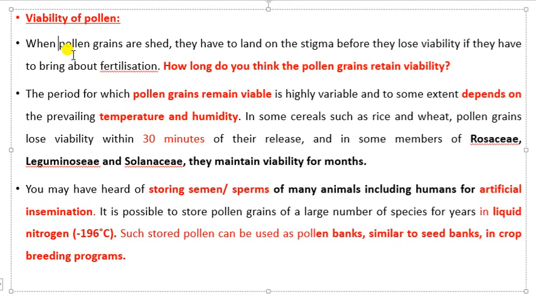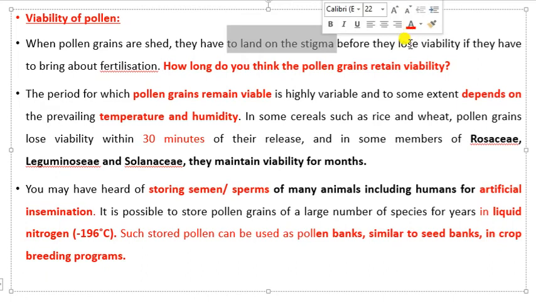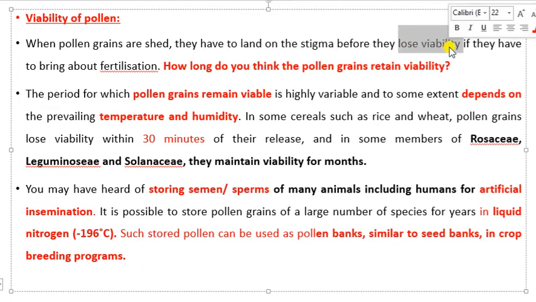After the viability period, the pollen grain will lose its ability for fertilization. So when the pollen grains are shed from the anthers, they have to land on the surface of the stigma before they lose their viability.